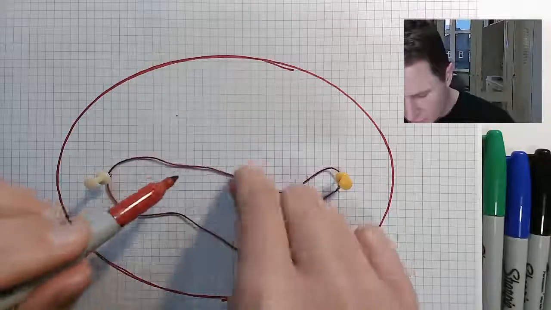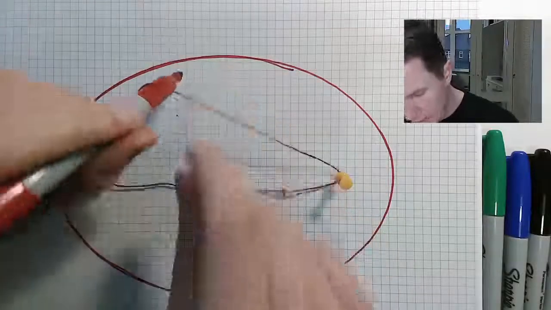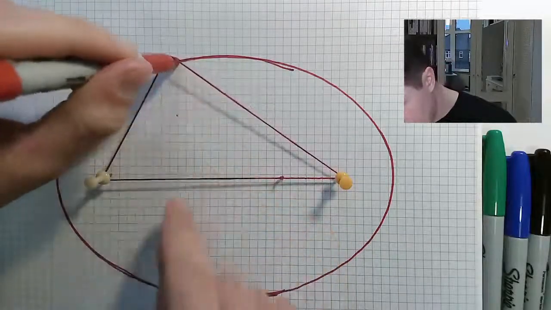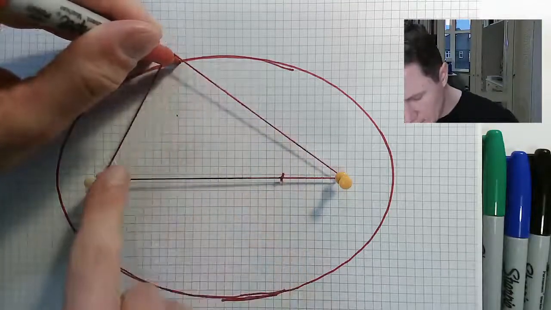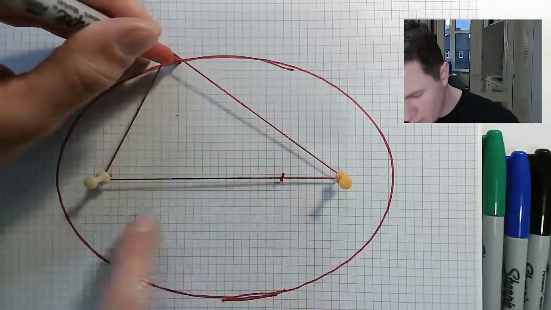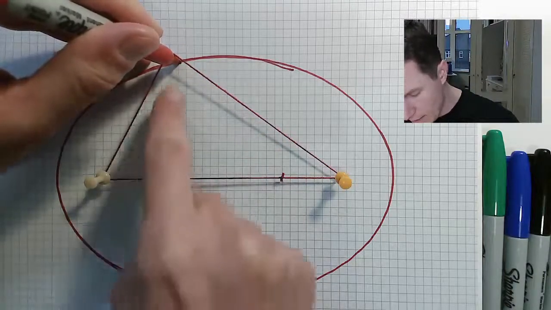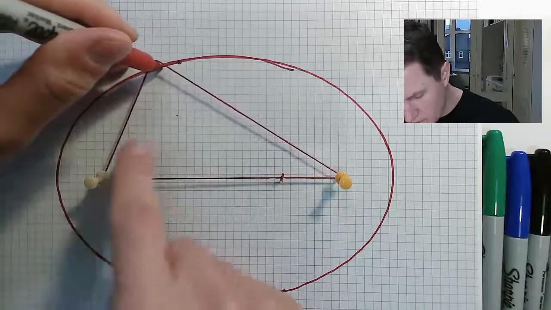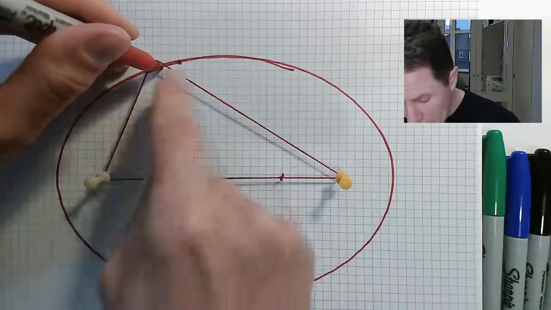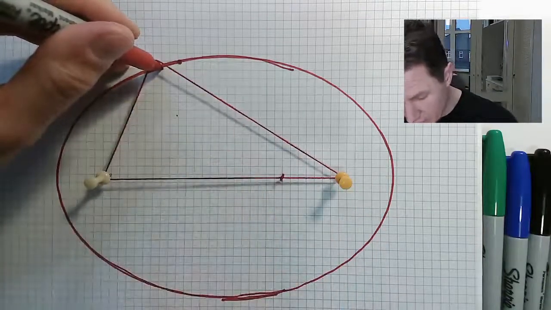So at each moment, when I'm on the ellipse, I have these two distances from each of these points, the focus points, and when I add those two distances up, I always get the same number, which is just half the length of this string, right?